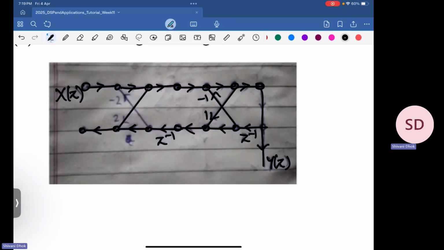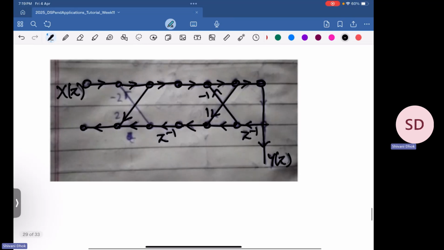And then I have 2 here and minus 2 here. Okay, now we need to figure out what is Y of Z by X of Z.